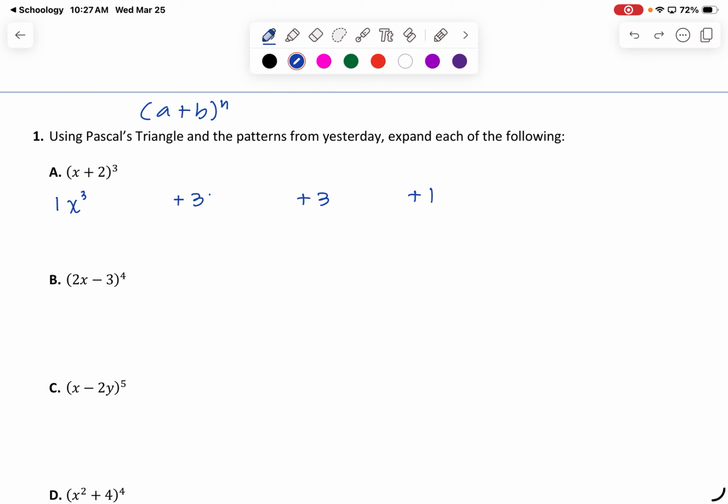So that's x cubed, this is x squared, this is x to the first power, and then this is x to the 0 power, which we don't need, so I'm just not going to write it. And then your second term, which is a positive 2, starts off to the 0 power and increases. So this is 2 to the 0 power, which I technically don't need, 2 to the first power, 2 to the second power, and 2 to the third power.